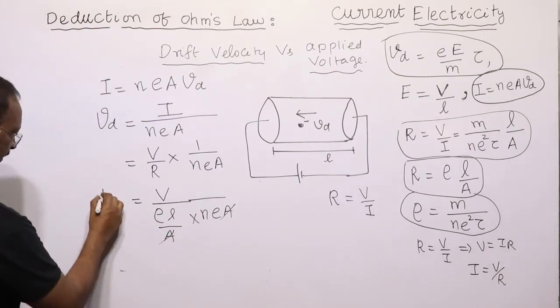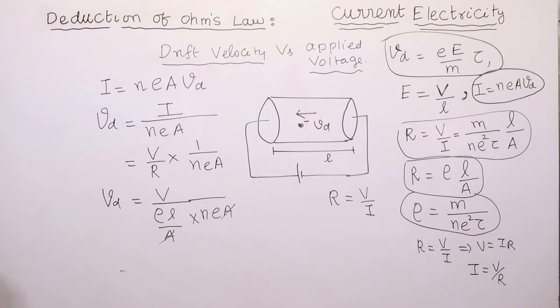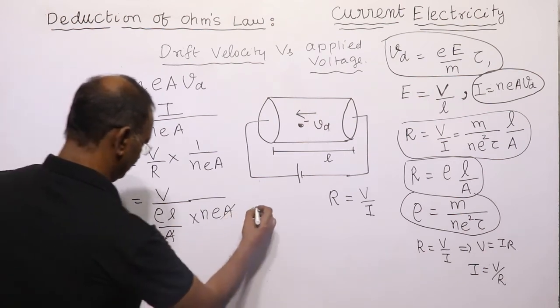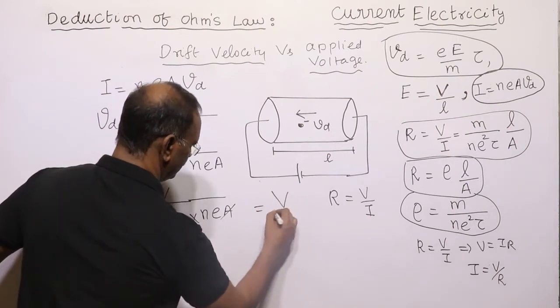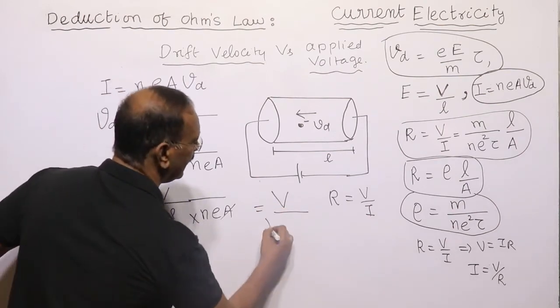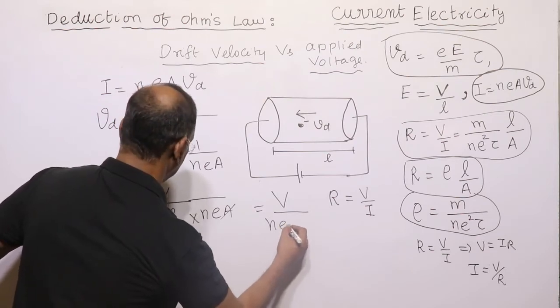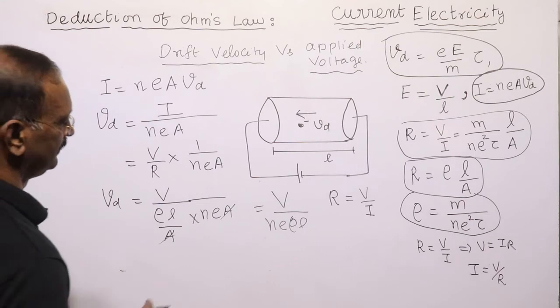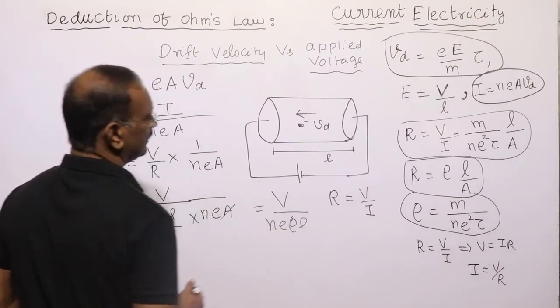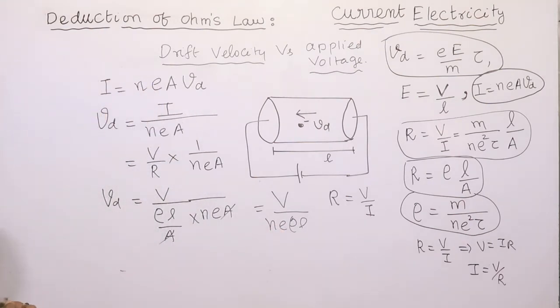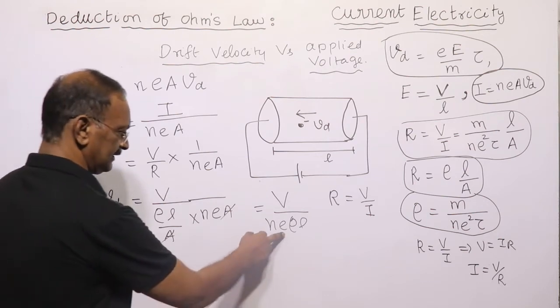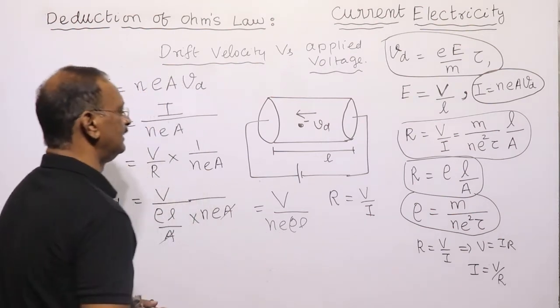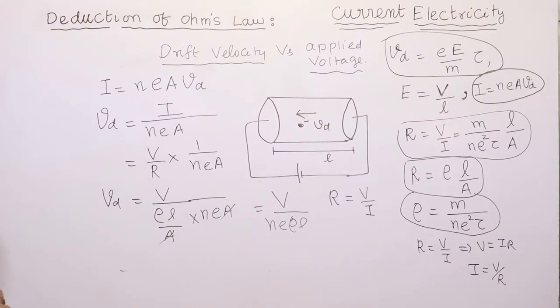Therefore, drift velocity is equal to the applied potential V divided by n e rho L, where rho is the resistivity of a given material, L is the length of the conductor, e is the charge of an electron, and n is the number of electrons per unit volume.